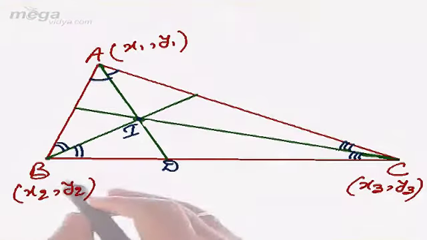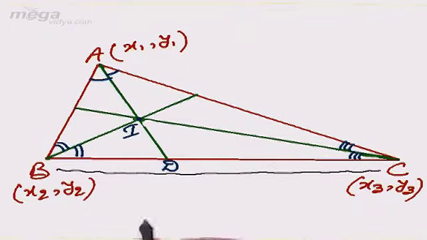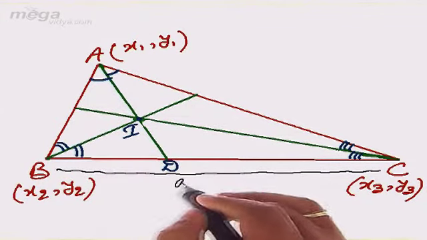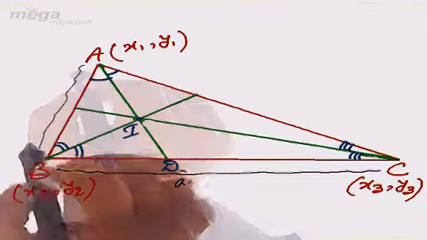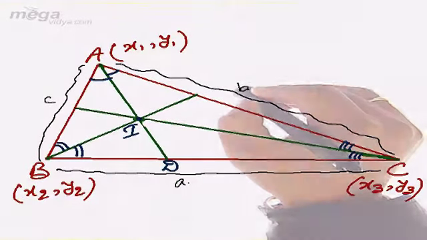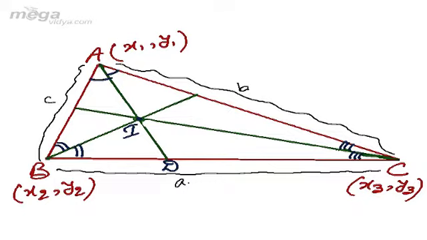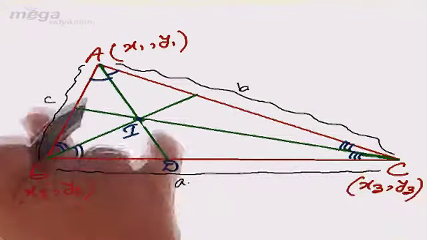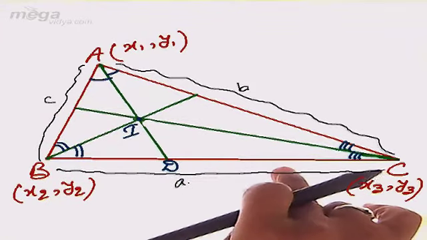So now student, we know that the length of the side opposite to angle A is a, the length of this side is c, and the length of side AC is b. It means BD upon DC is same as c is to b.